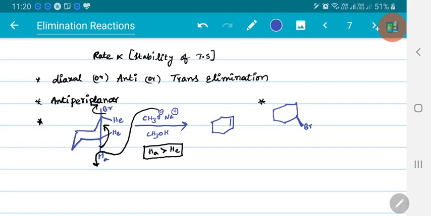If I take any crowding here, for example, a bulky group here, so this bulky group is below the plane, which means obviously the hydrogen will be above the plane. If the hydrogen is above the plane, the bromine is also above the plane. So the anti-periplanar condition fails at this position. Therefore, obviously hydrogen is abstracted from this carbon only. So there is no other alternative.